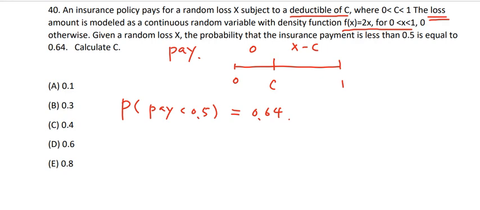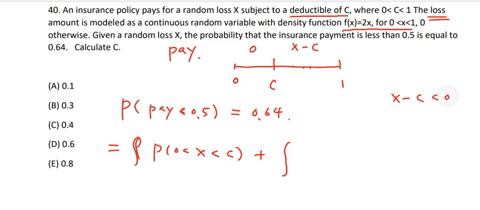So the probability that the payment is less than 0.5 equals the probability that X is less than C, plus the case where the payment is X minus C. The payment X minus C is less than 0.5, where X is from C to 1.